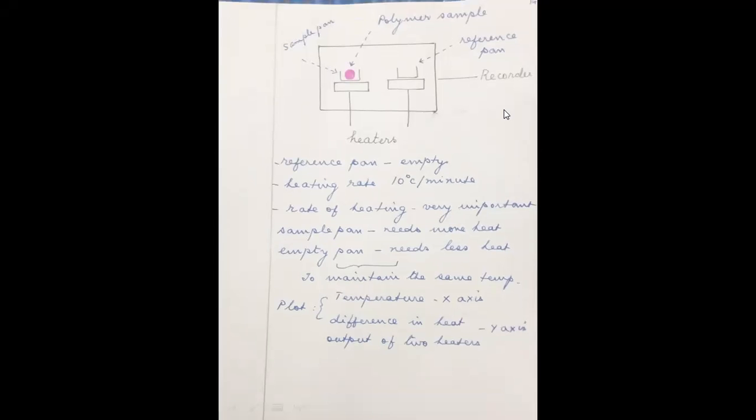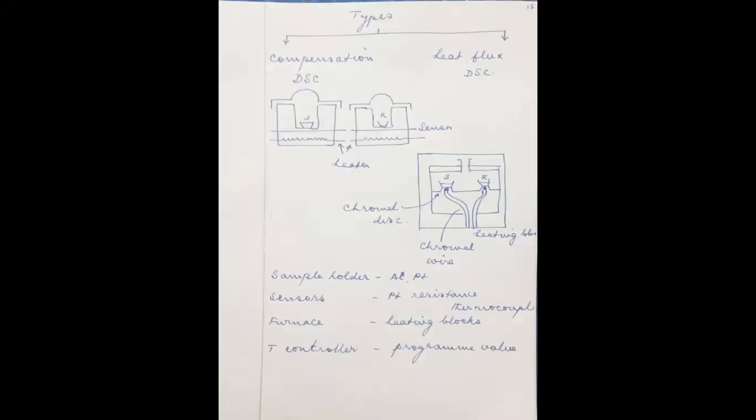Another thing, there are two types of differential scanning calorimetry. One is called compensation differential scanning calorimetry, and the other is called heat flux differential scanning calorimetry. Look here, in the case of compensation differential scanning calorimetry, you can see the block diagram.